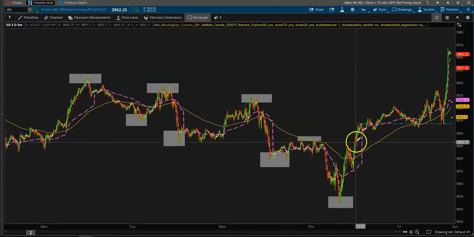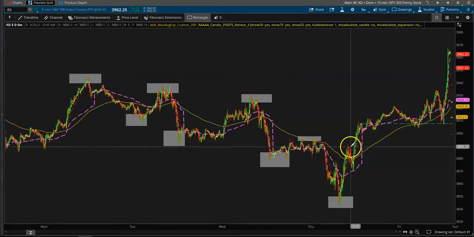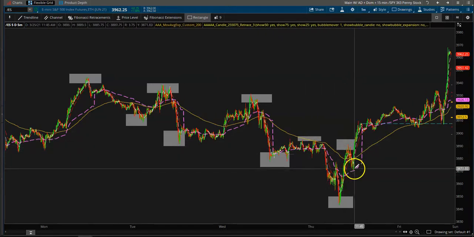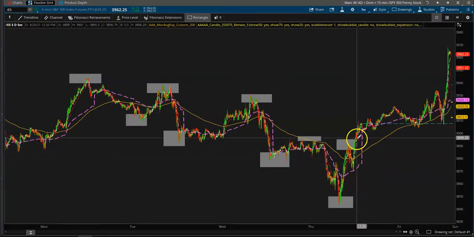If you see something like this where it reverses right before a prior high, because this would have made a lower low if we made a lower high, but you saw it find support at the VWAP, push off, get back above the 200 and finally break above.